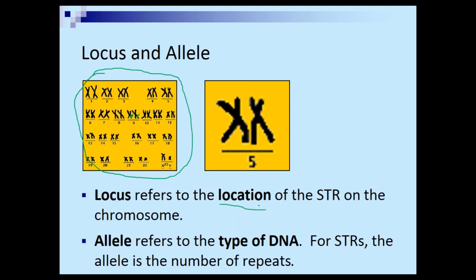If we were describing a location on chromosome number 5, we would go to that location. But since there are 2 copies of each chromosome, one you got from your mother and one from your father, you're going to have 2 alleles at each location.